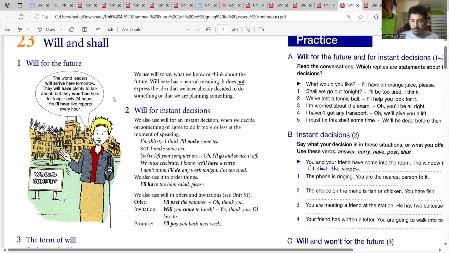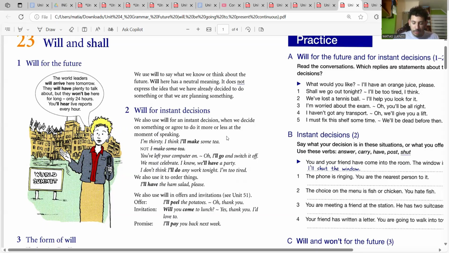For example, I'm thirsty, I think I will make some tea. That's something that I want to say about the future, or that I know about the future, that I'm thirsty. Will has a neutral meaning. Will is used to say things about the future, you know?